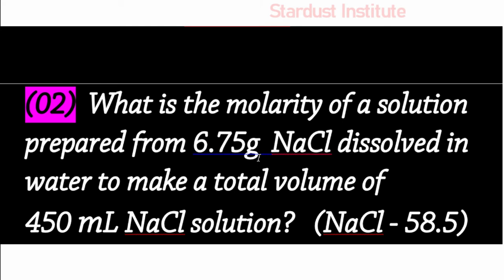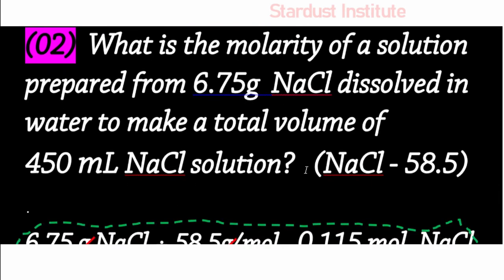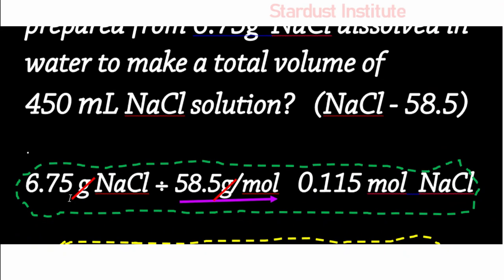For that we have to divide 6.75 grams of sodium chloride by the molar mass of sodium chloride, 58.5 grams per mole.